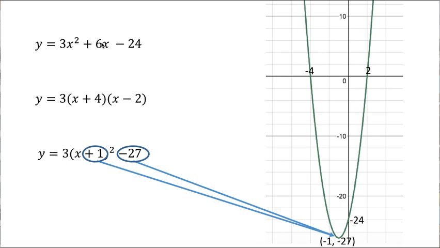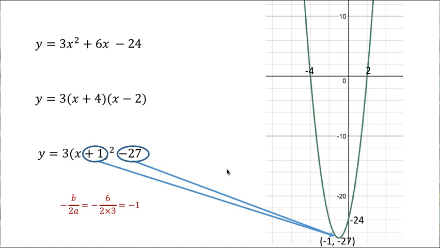If you do minus b on 2a, so b is 6, a is 3, then minus 6 on 2 times 3, you'll get negative 1, which will give you this number. You put negative 1 into any of these three, and that will give you the y value.